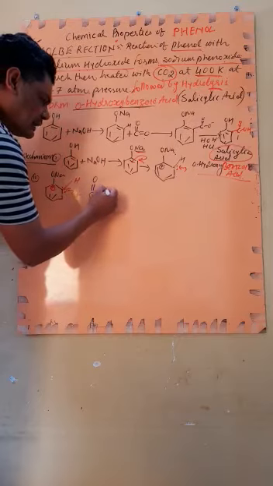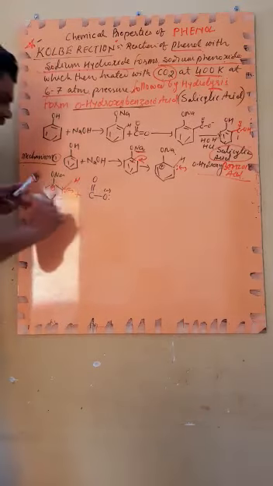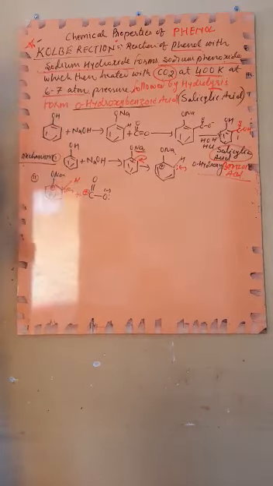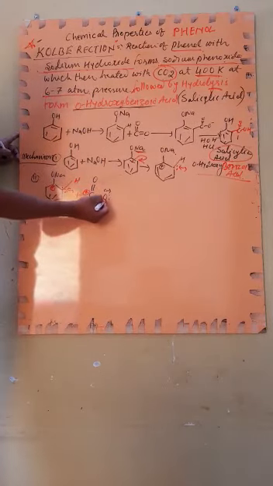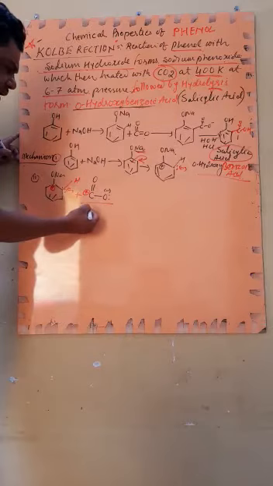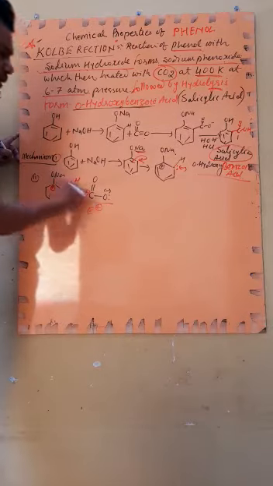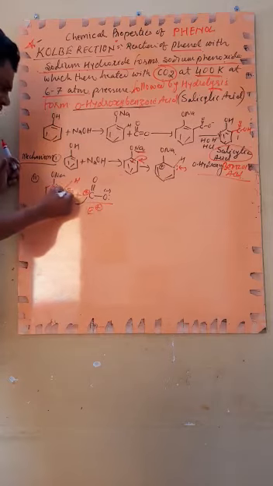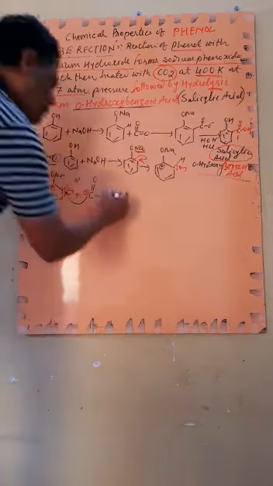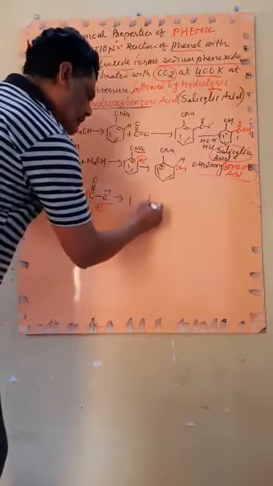Now the carbon becomes electron deficient, because the double bond is shifted towards one of the oxygen atoms. That means here it acts as an electrophile. Now the electrophile can easily attack on this carbon, forming an intermediate compound.